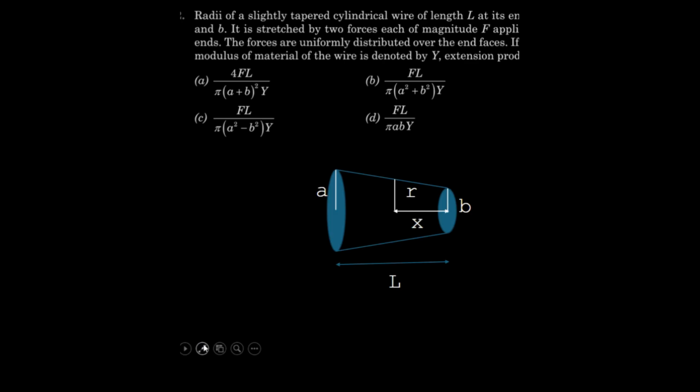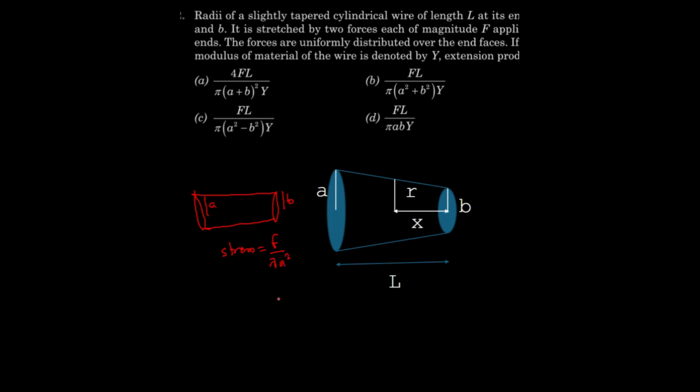I'm just writing it. Suppose we had this type of wire having the same cross-sectional area, the same radius a here, so A and B are the same. In that case, stress at any section is F over πa².